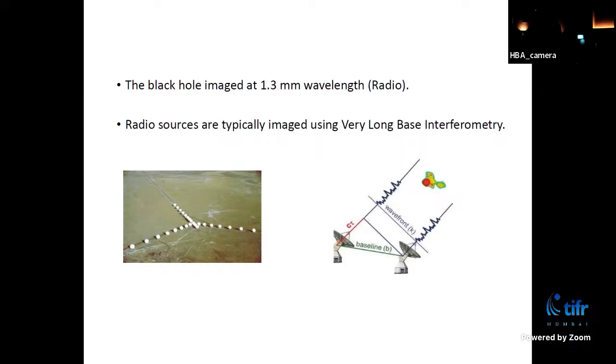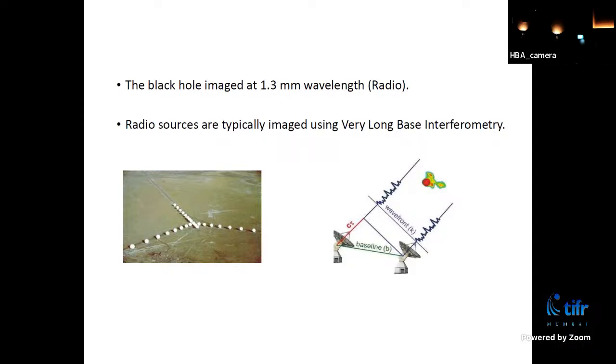What this technique uses is, let's say some radiation is emitted from a particular source at a particular time. It will not reach all the telescopes at the same time. There will be a time difference, a path difference, because these telescopes are at different orientations and at different distances.